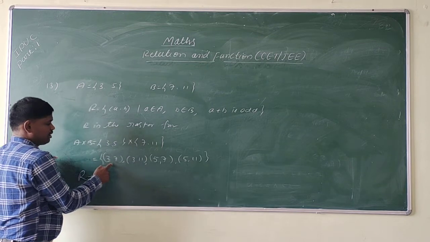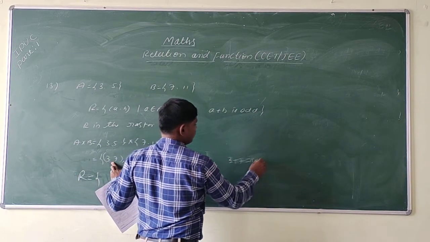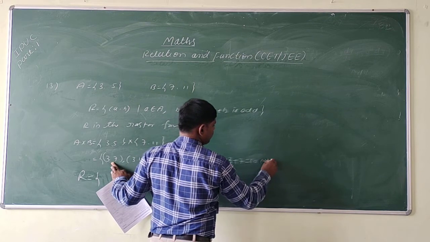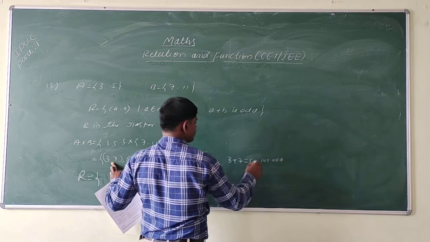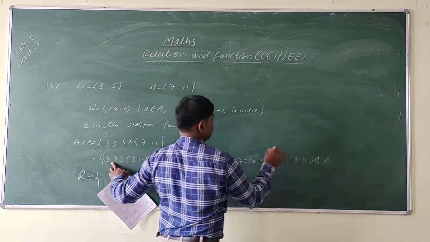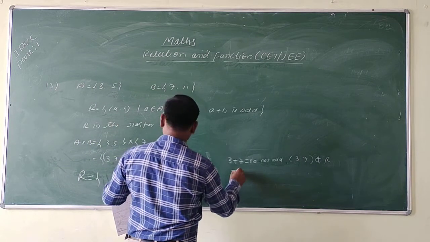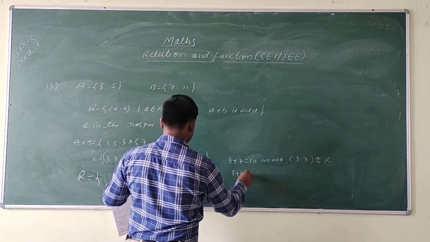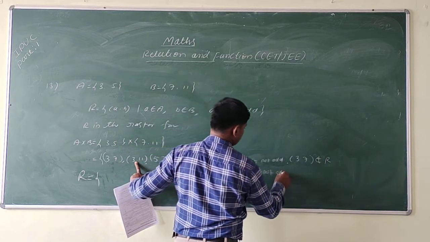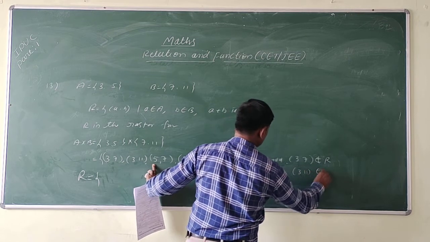So we are not considering this; (3, 7) does not belong to relation R. Next, (3, 11): 3 plus 11 is 14, not odd. So (3, 11) does not belong to R.